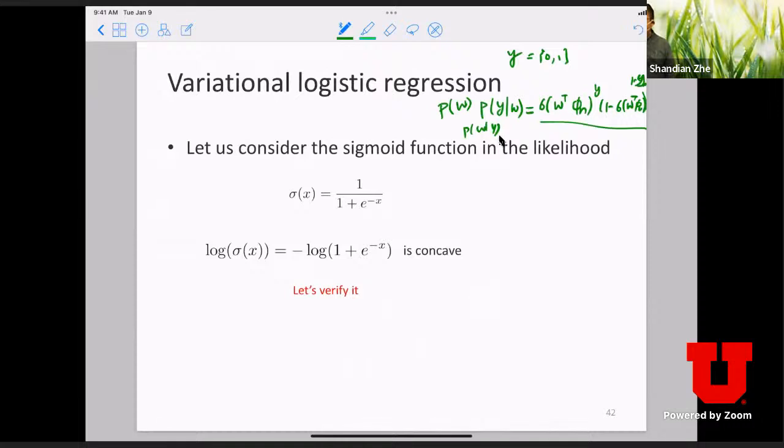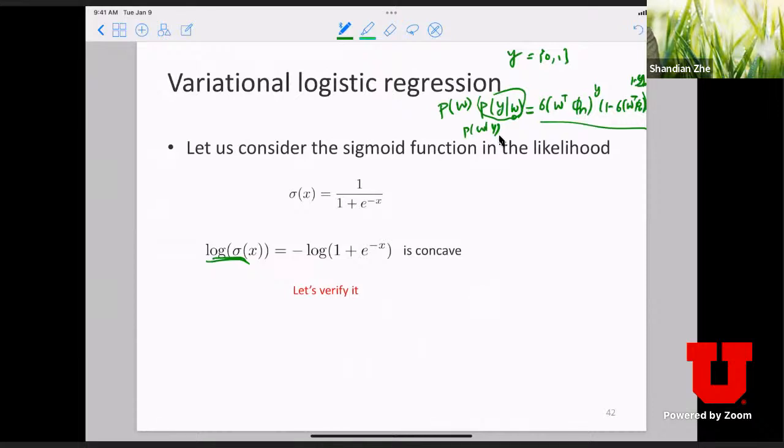So naturally, we would like to consider whether this likelihood is convex in W. If it is, then we might be able to replace the likelihood directly by a linear form of W. That's the convex conjugate, the lower bound. Unfortunately, if you look at the log sigmoid function, it is not convex, it is concave. Why it is concave, I will leave as an exercise for you.